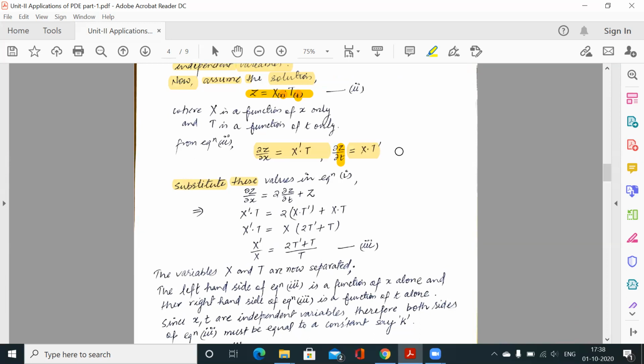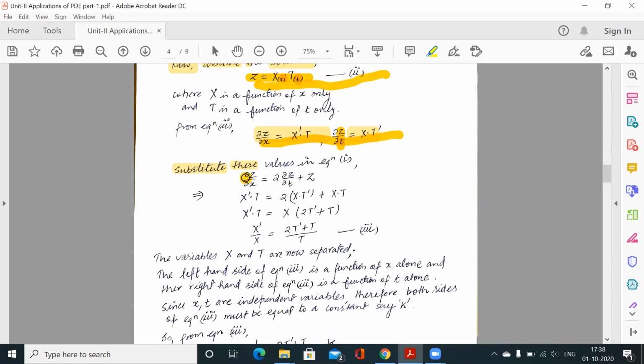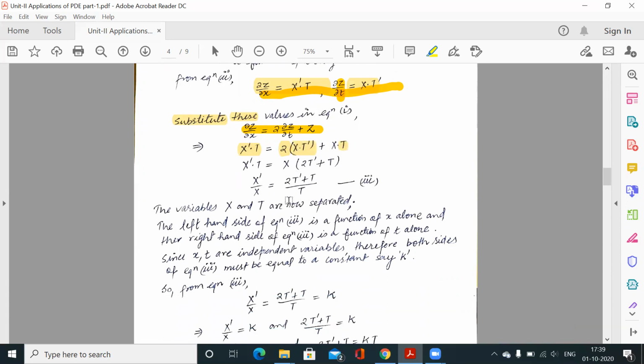Now substitute these values in the given differential equation. What is the given differential equation? Del Z over del X is equal to 2 del Z over del T plus Z. So del Z over del X is X dash T, 2 into del Z over del T is 2 X T dash, and Z is X T. Now I told you, whenever we apply this method, we will get a separation.